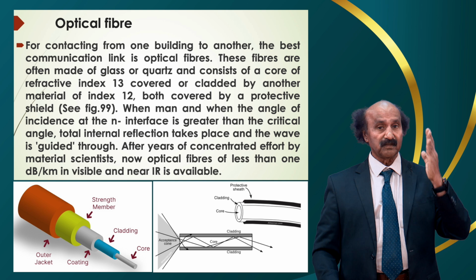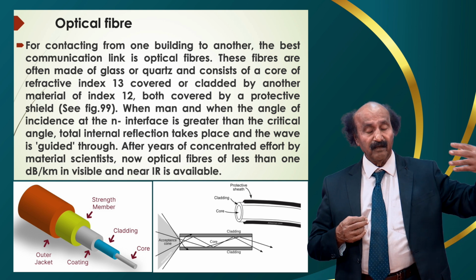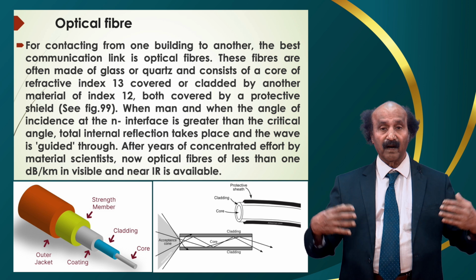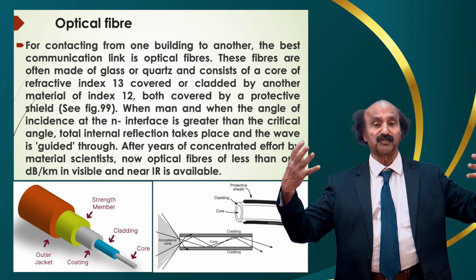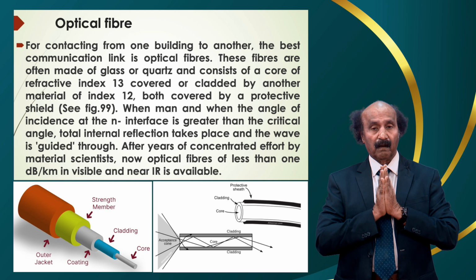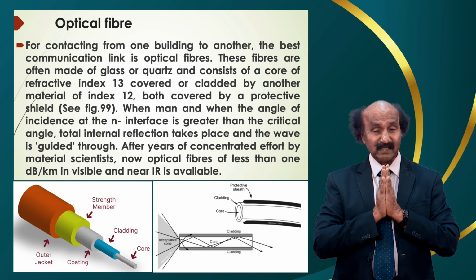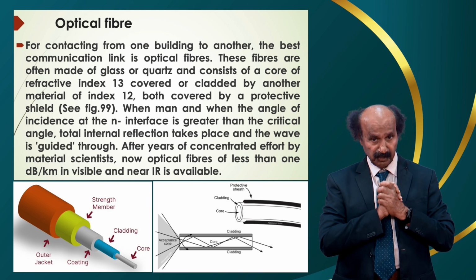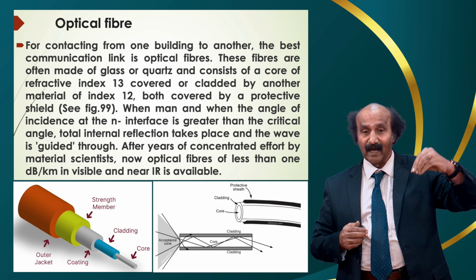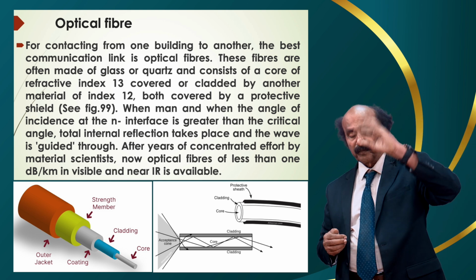Then, as I told you sometime earlier, the infrared diode laser and the optical fiber are something like made for each other. Optical fiber has the best use in optical communication, and infrared laser has the best use for, again, being launched into the optical fiber.